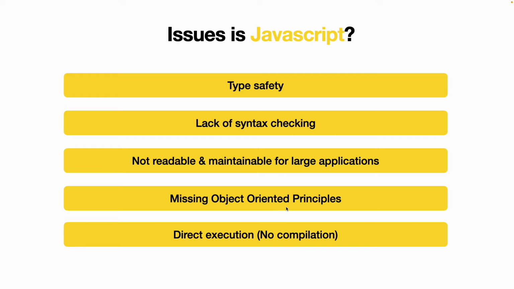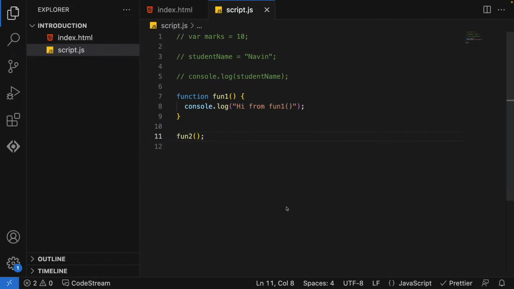Next, it's messing with the object-oriented principles. Of course, it's a very old scripting language, and it's very lightweight for day-to-day usage because it's supported on all devices. So it can't add much complication, otherwise it will get overloaded and be difficult to run on all devices.